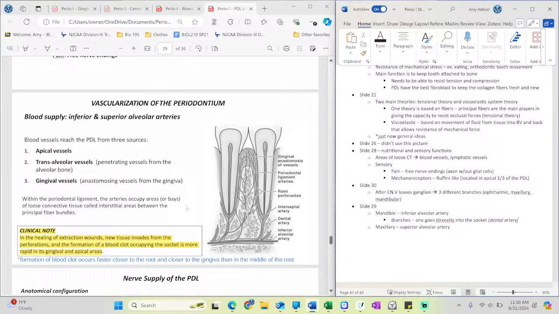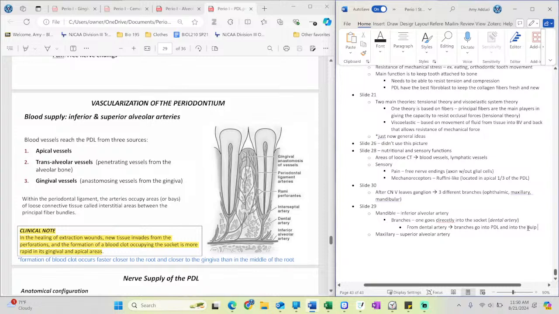From the dental artery, smaller branches are going to go into the PDL, and another branch is going to go into the pulp. Okay. From the dental artery, before getting into the socket, we have branches going into the actual bone.